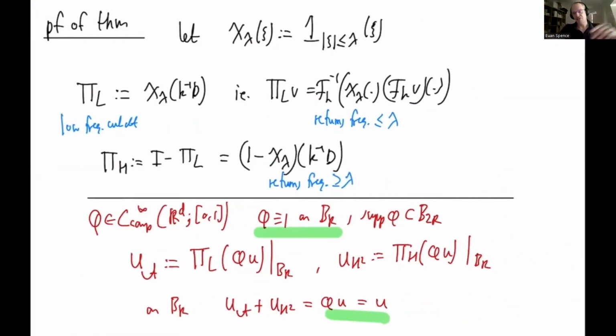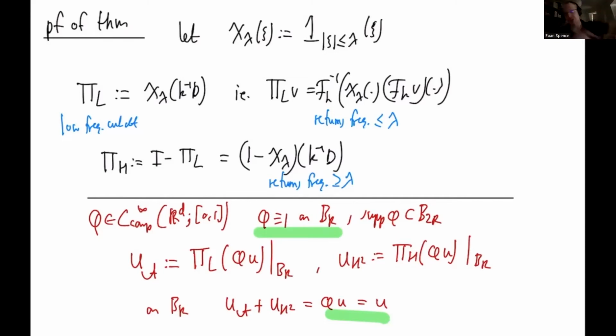We're given an F with compact support. We solve our Helmholtz equation. We then restrict. We're allowed to restrict to a ball of radius R for any R as long as that ball contains the support of F. So depending on what part of the solution you're interested in probing, the R depends on your application.